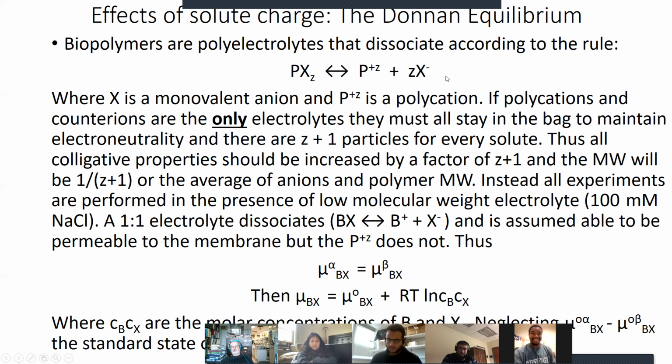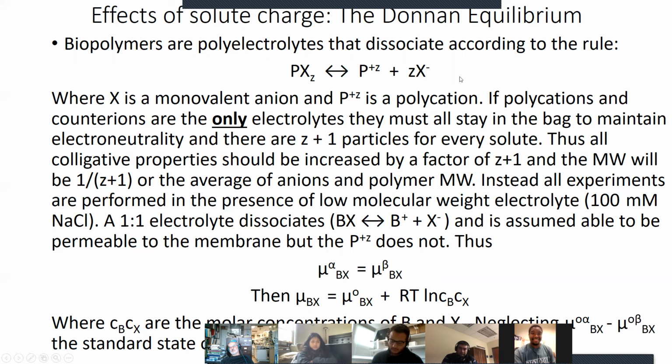So this would work regardless of how you do this. So if X is monovalent and P plus Z is a polycation, and all you had was the protein, then you would necessarily have to have the counter ions, and the counter ions would have to stay in the bag.